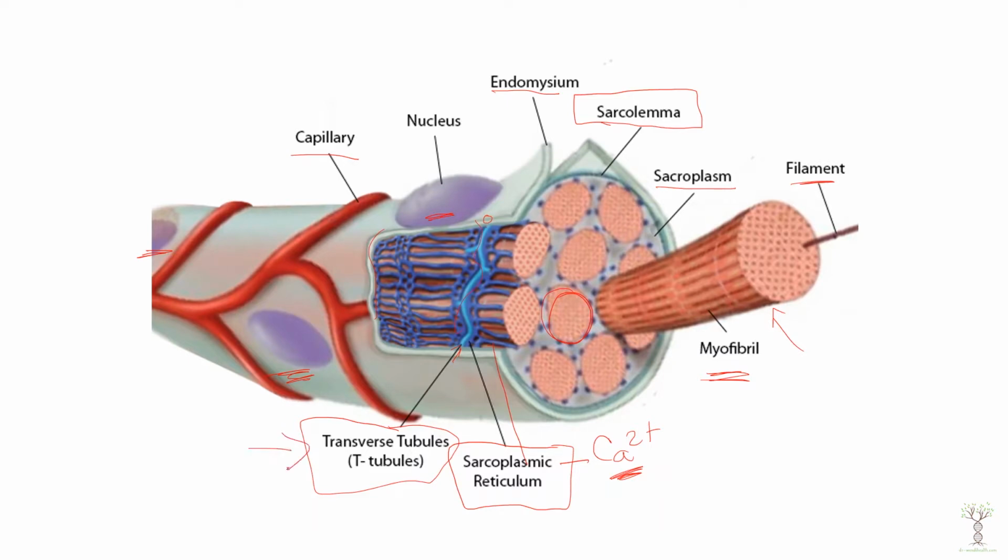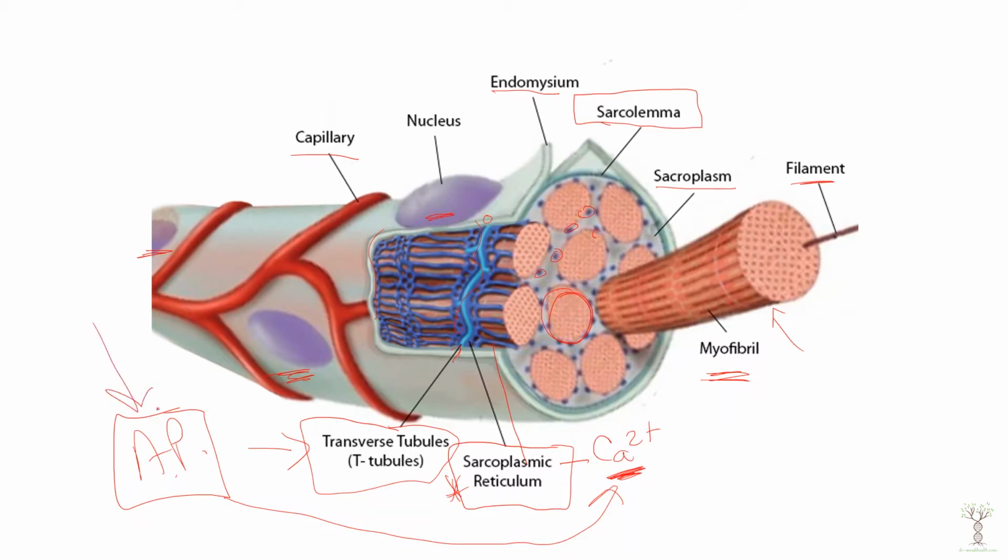So the T-tubule is where the action potential is going to spread so that it can spread throughout the muscle cell. Now the T-tubule has to be aligned next to the sarcoplasmic reticulum because it's the muscle action potential that will trigger the release of the calcium, and we need this to happen for muscle contraction to occur.